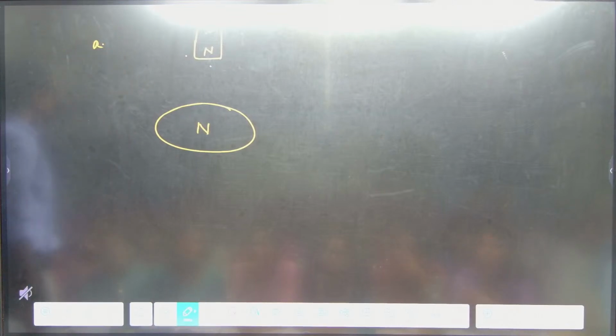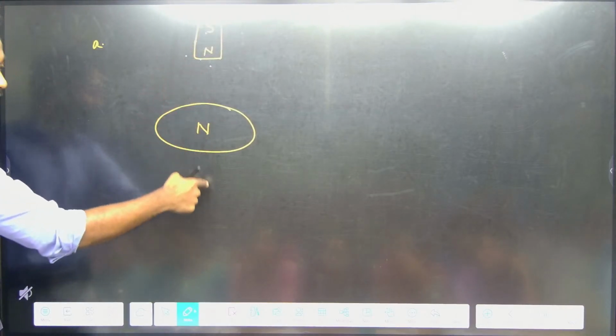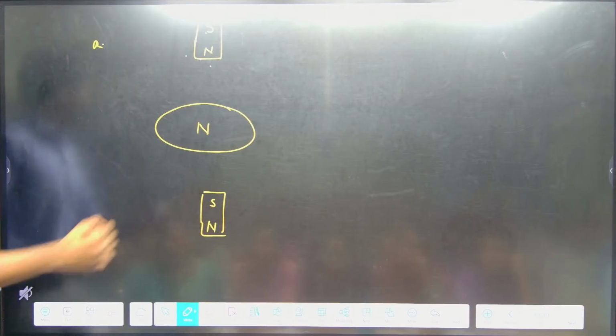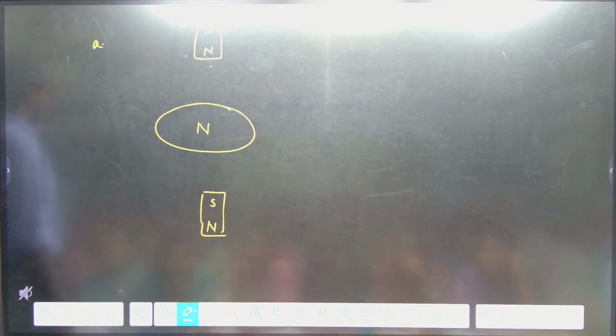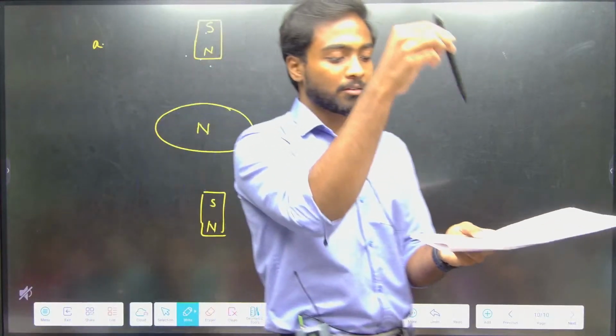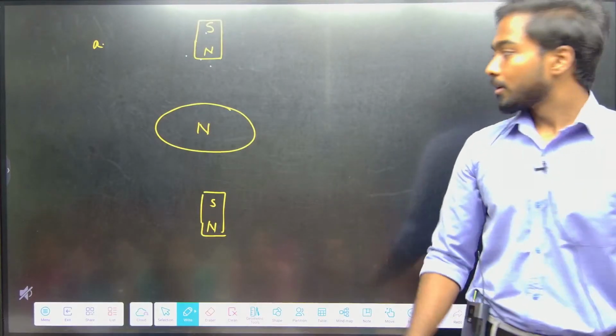So obviously if I drop the magnet, it will cross the conductor and go down like this. This is my north pole and this is my south pole. Yes or no? I have dropped it like this, which means it will pass the conductor and go down. Okay.